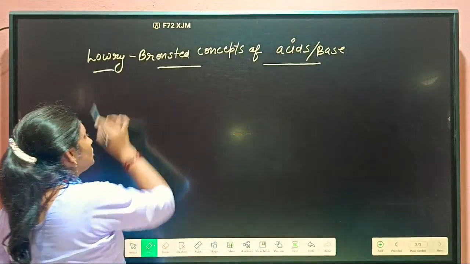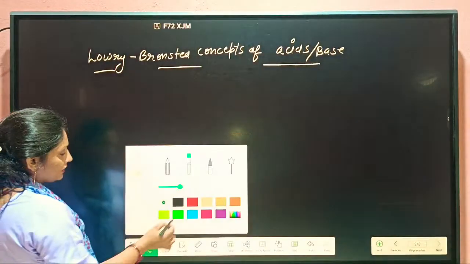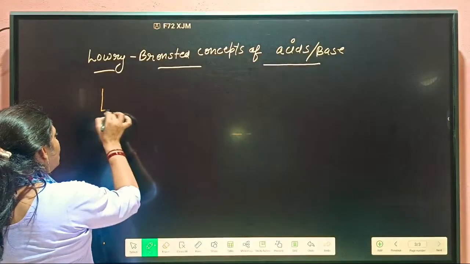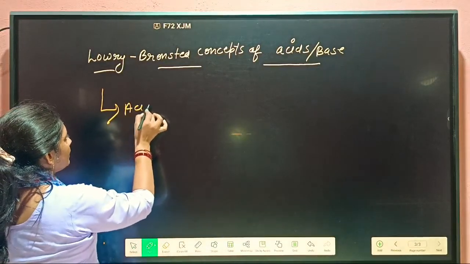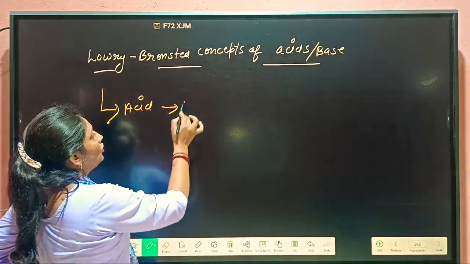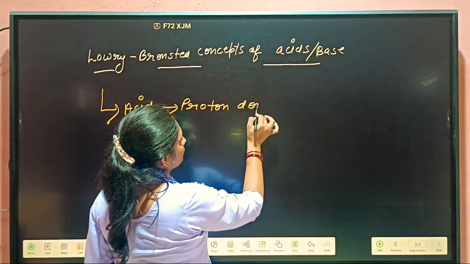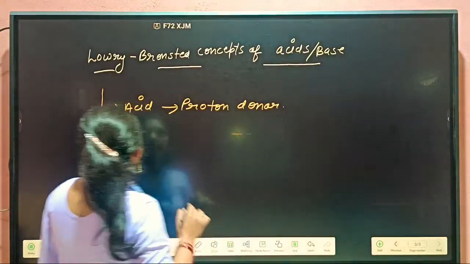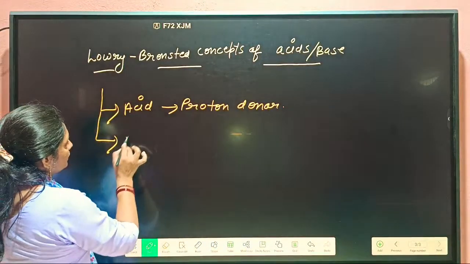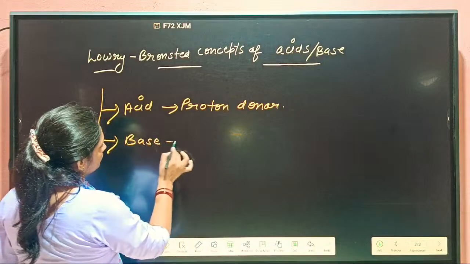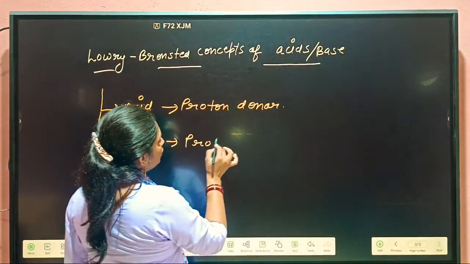According to Lowry-Bronsted, acids are proton donors, and bases are proton acceptors.